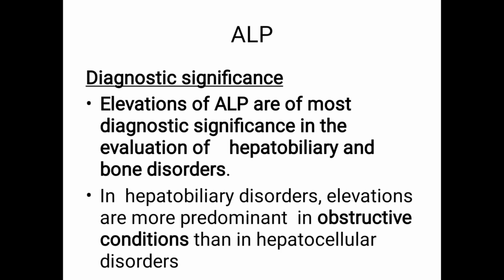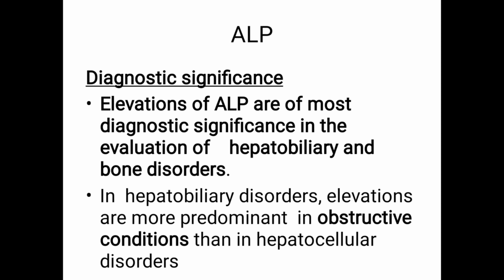So what is the diagnostic significance of ALP? Elevation of ALP is of most diagnostic significance in the evaluation of hepatobiliary and bone disorders. In hepatobiliary disorder, elevations are more prominent in obstructive conditions, meaning obstructive jaundice.